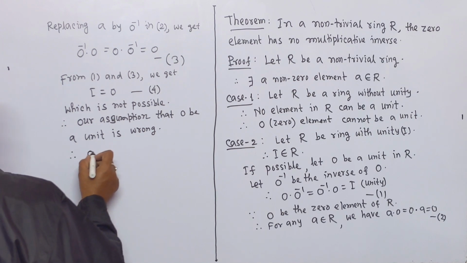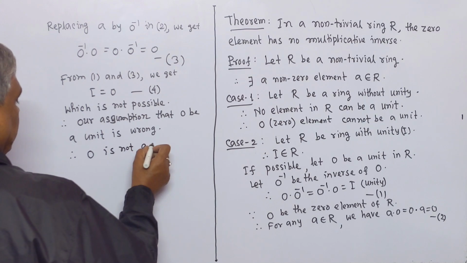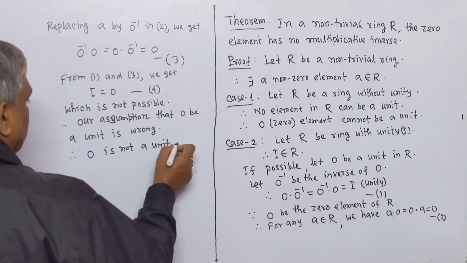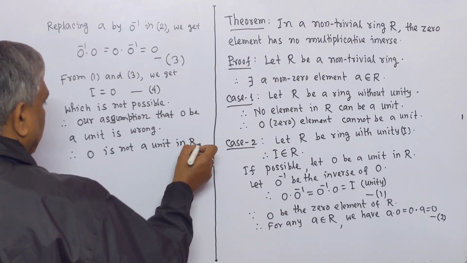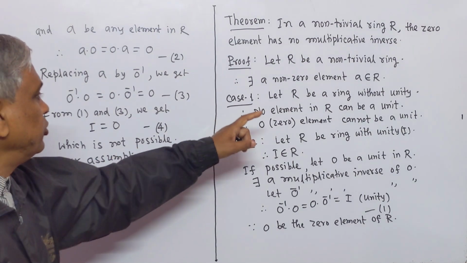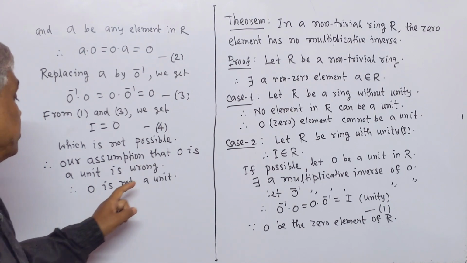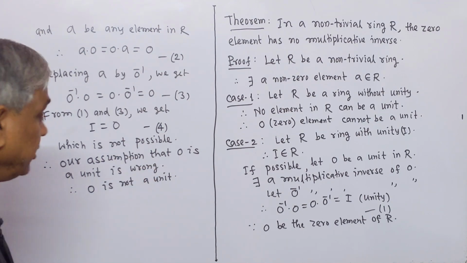Therefore, 0 is not a unit in ring R. Our assumption that 0 is unit is wrong. That means 0 is not a unit.